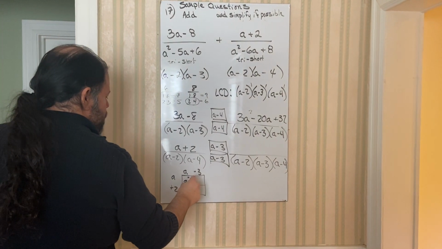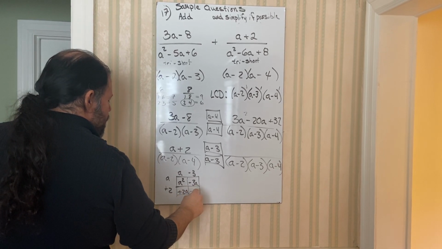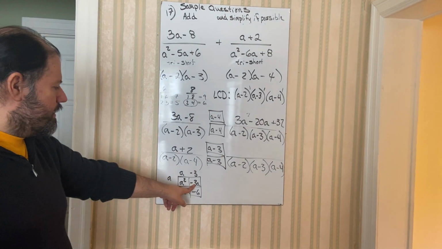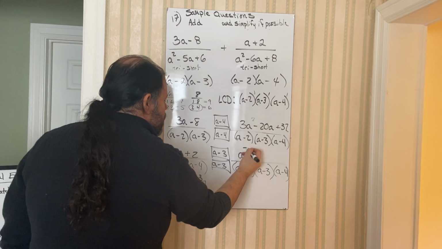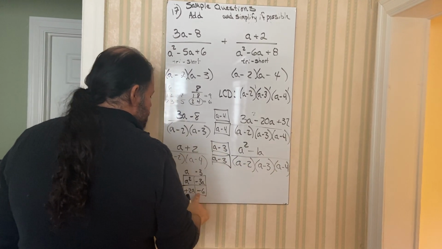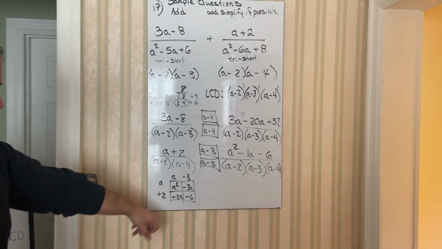So we have a squared minus 3a plus 2a minus 6. So then when we collect the single a's with single a's, you'll see that I have a squared minus 1a minus 6. Remember, negative, positive.